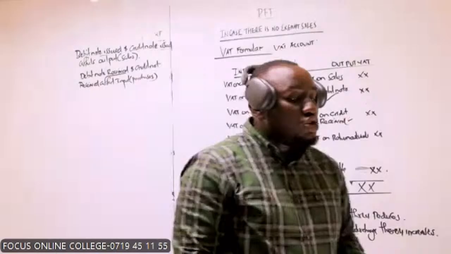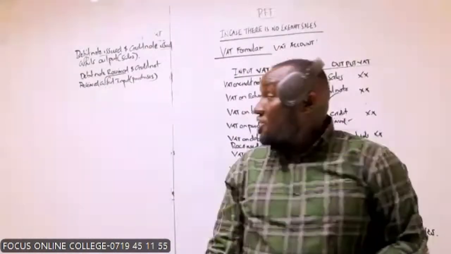Abdi says, Mwalimu, repeat debit and credit. Abdi, I'll say debit note issued and credit note issued, those affect sales. And when I say debit note received and credit note received, they affect purchases. But look up, I say that a credit note is used to correct an overcharge.